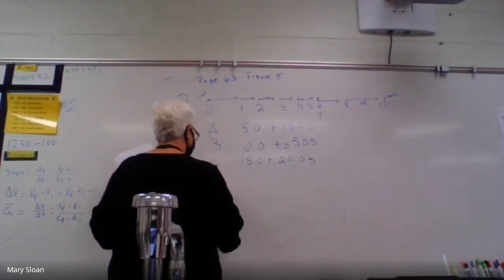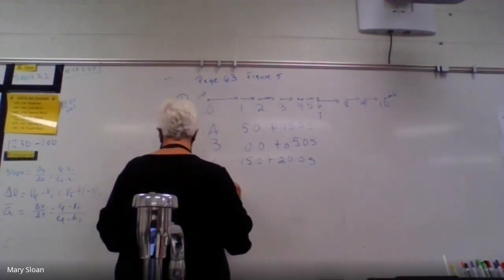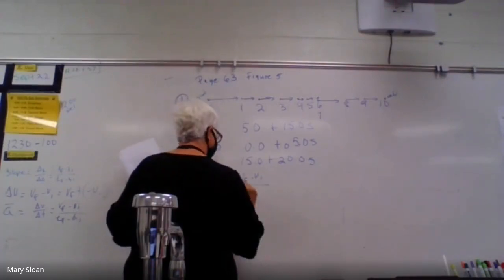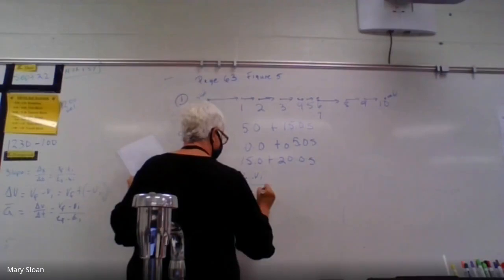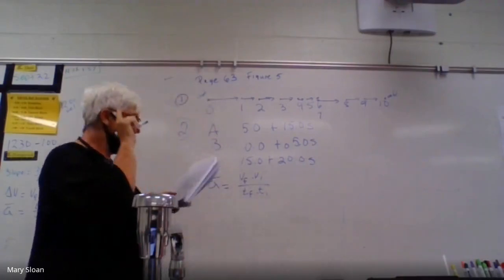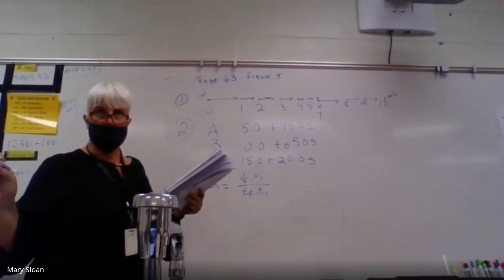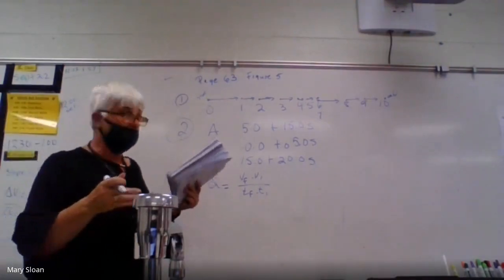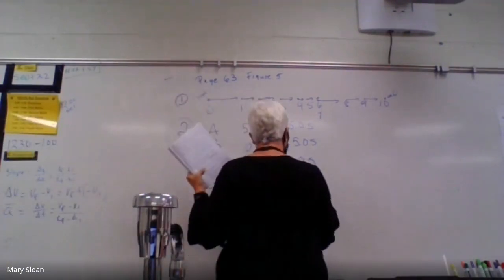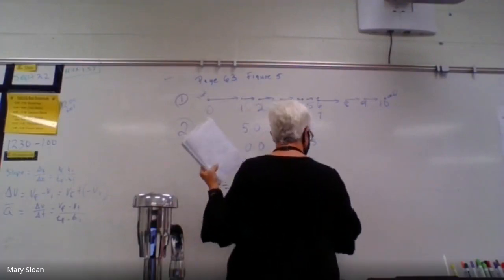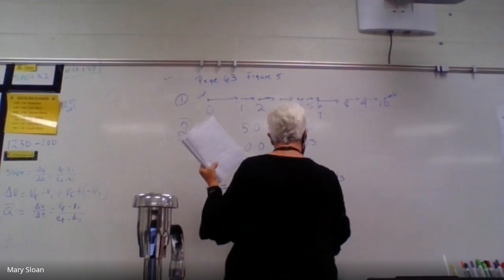So, average acceleration equals velocity final minus velocity initial over time final minus time initial. What is my velocity final from that time? 0 to 10, right? So it would be 10 meters per second minus 0 meters per second, right?